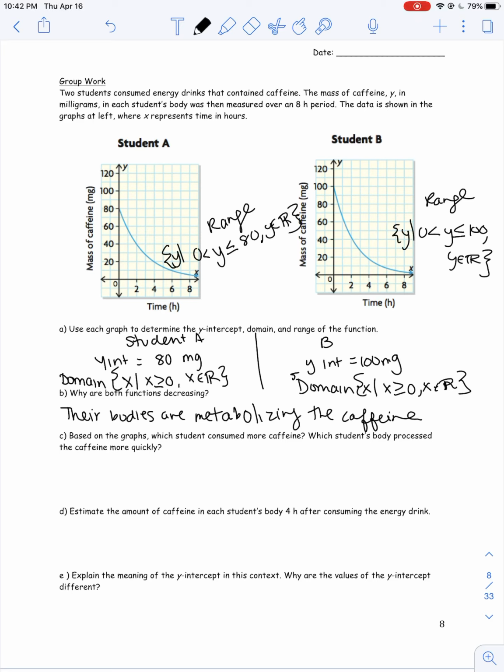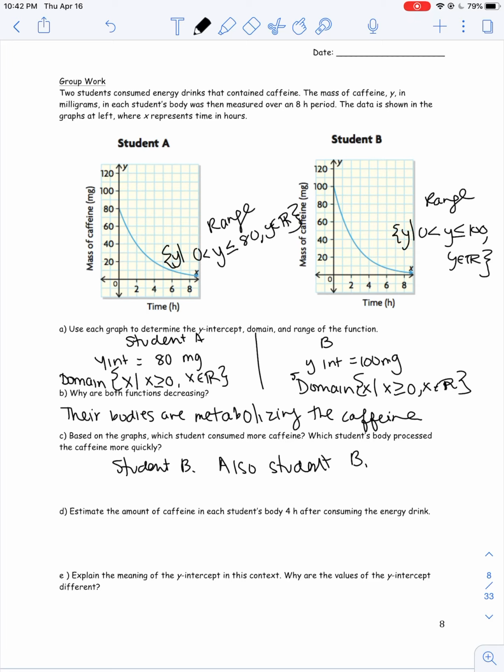Well, more caffeine would be student B. Which student's body processed the caffeine more quickly? Well, also student B. The reason being is that when we look at their times at about 8 hours, it looks like student B actually has less caffeine than student A. So the person is processing the caffeine more quickly.